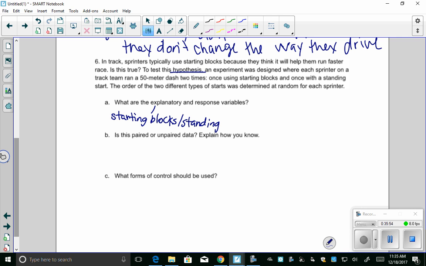Okay. If the explanatory variable is what's being changed, what is the response variable? Time it takes to run 50-meter dash.